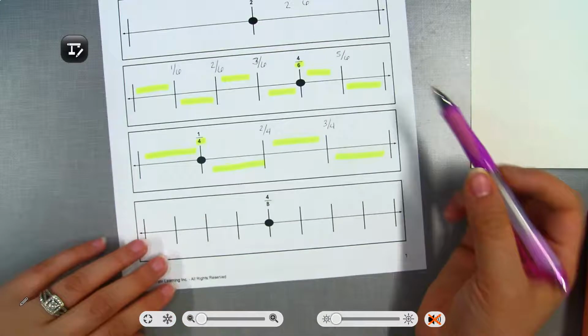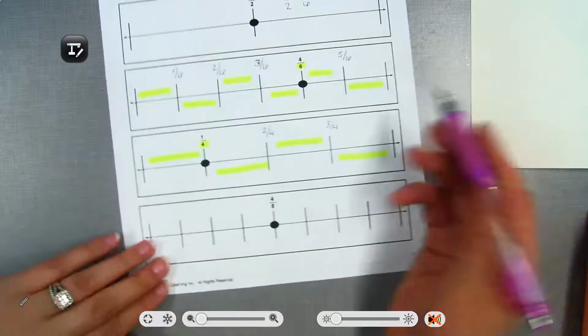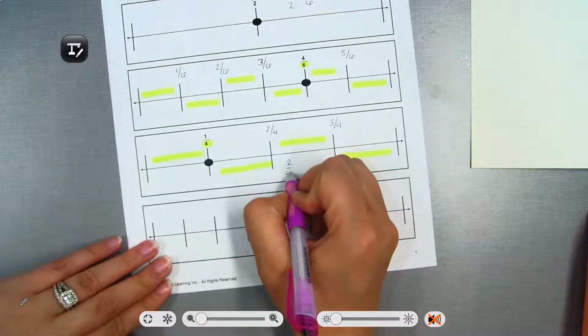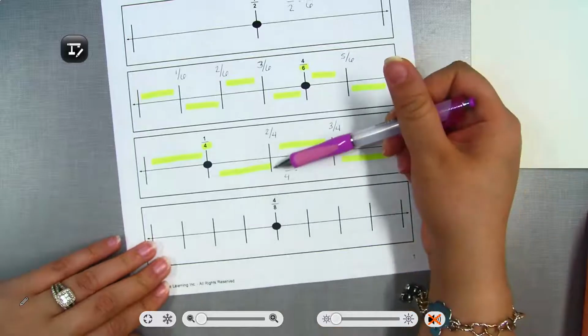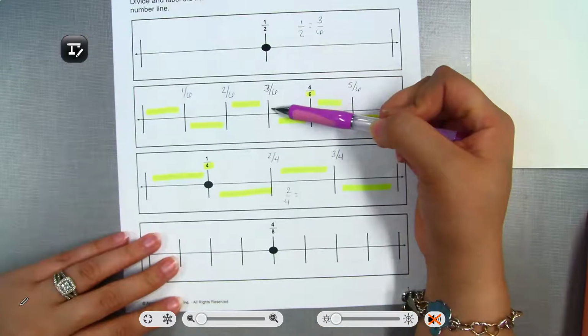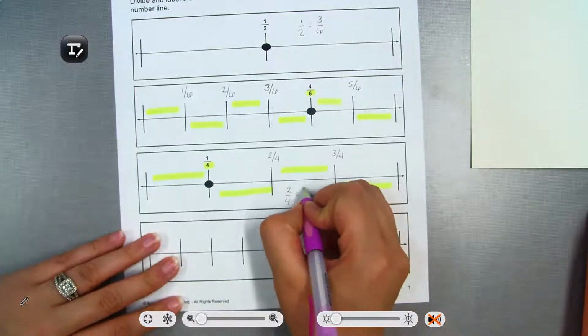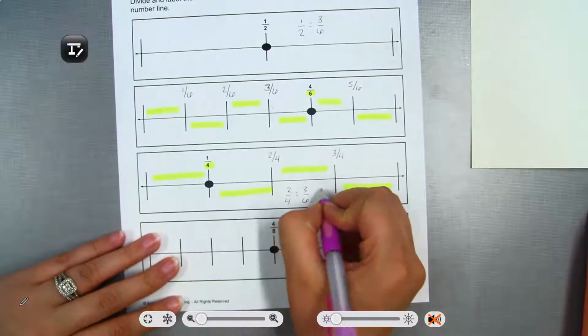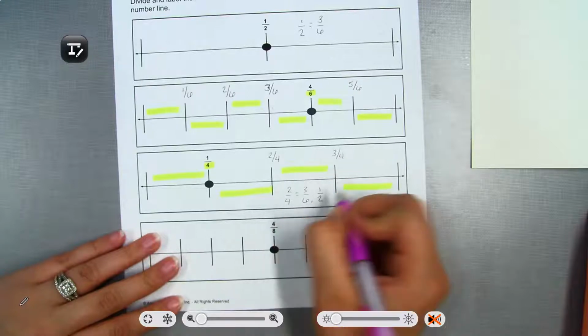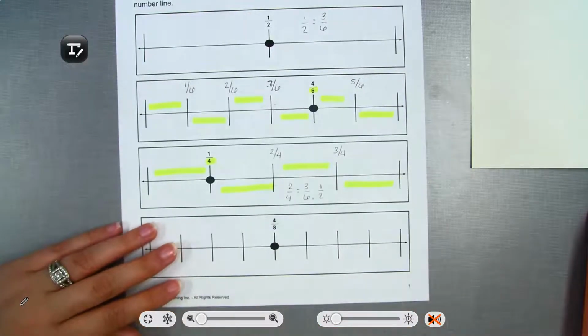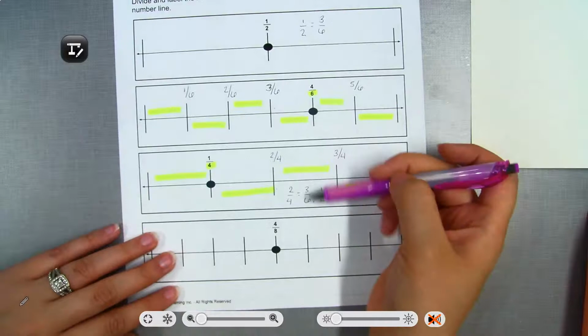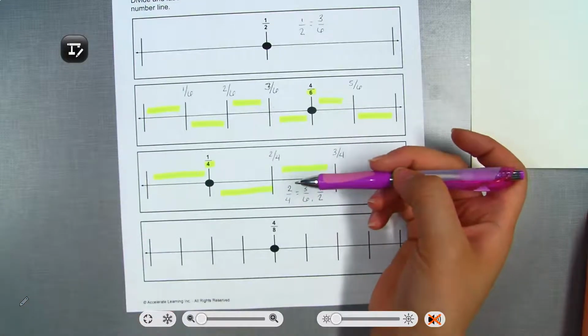And so I know that 2/4 matches up with 3/6 and 1/2. So it is equivalent to 3/6 and 1/2. Or we can say that 3/6 is equal to 2/4 and 1/2.